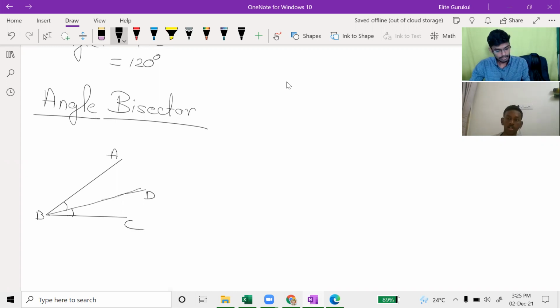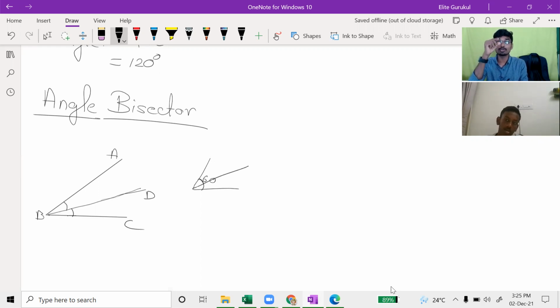If an angle is of 60 degrees and there is an angle bisector, so this angle will become the same 60 degrees. It divides into two equal parts.